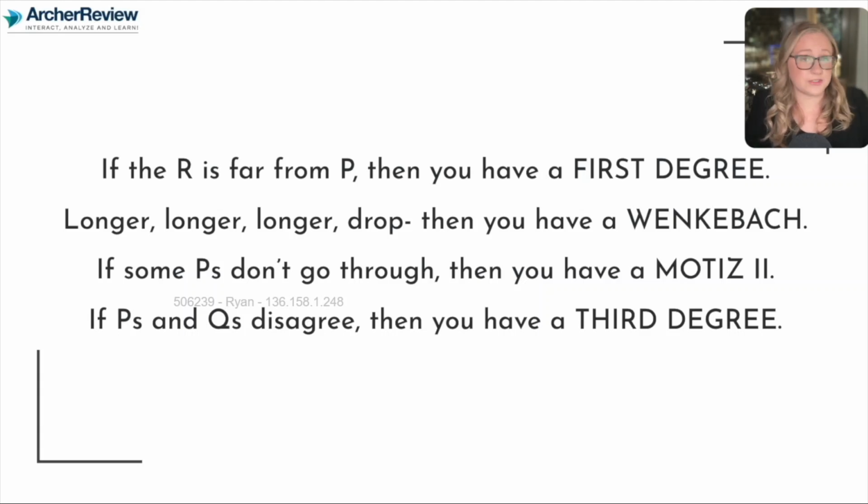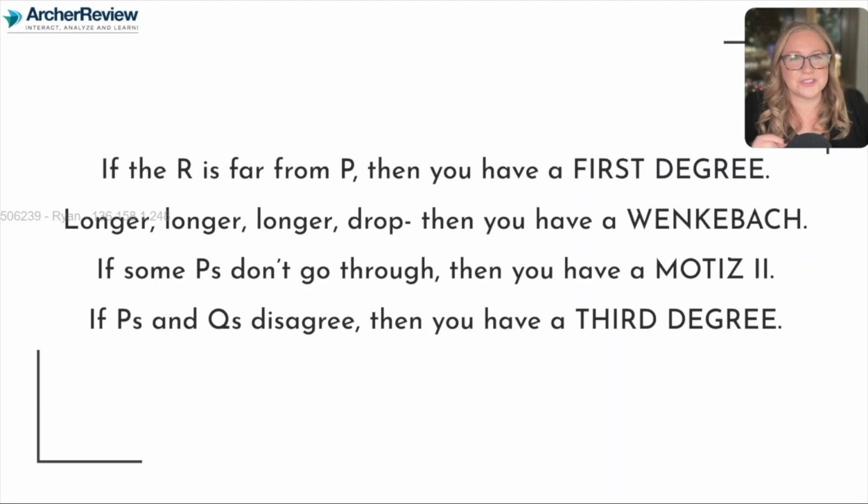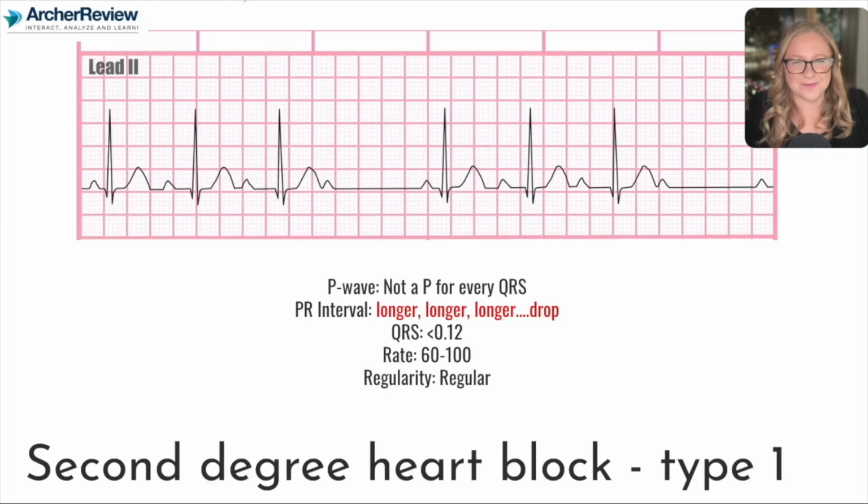If the R is far from P, then you have a first degree. Remember, in first degree, we had a prolonged PR interval. The R was far from P. So we had a first degree. Longer, longer, longer drop, and then you have a Wenckebach.